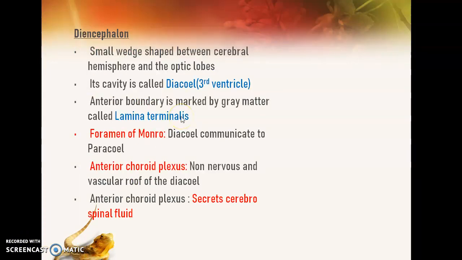Then comes the diencephalon. Diencephalon is a small wedge-shaped structure which is found between the cerebral hemisphere and the optic lobes. Its cavity is called diocoele. Here you can see in the picture itself.